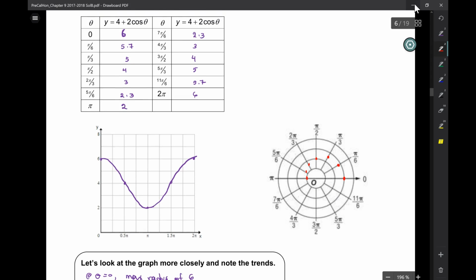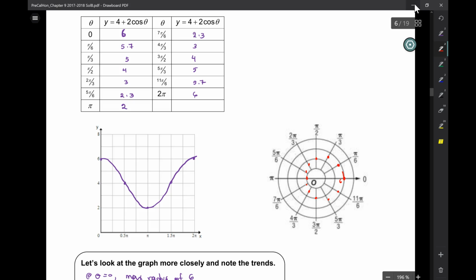So then here, we're going to have at 7 pi over 6, 2.3, and then 3, and then 4, and 5, and 5.7, and 6.